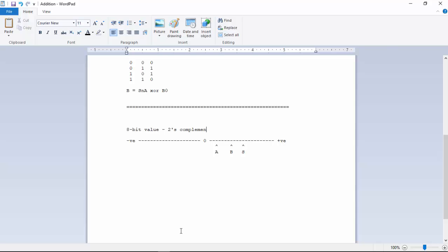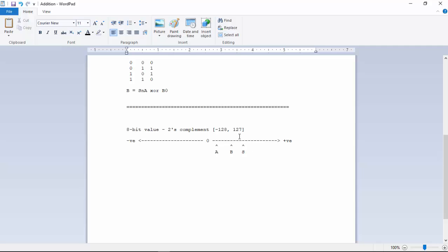This is important because we are dealing with a common addition subtraction circuit, which assumes that we are using 2's complement form. So its range is minus 128 to 127. But anyway, let's take two values on the positive side. The sum will be pushed along the positive axis.